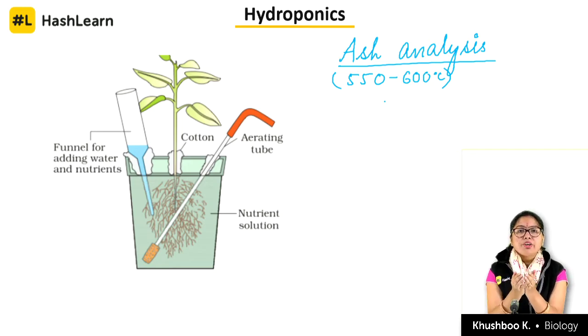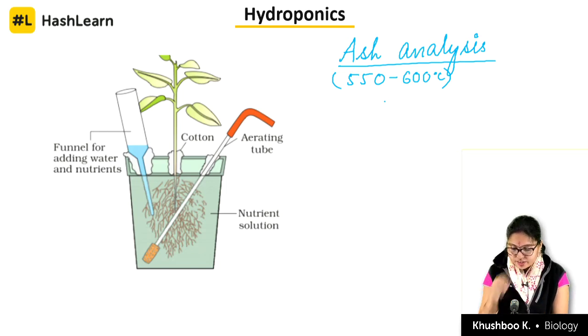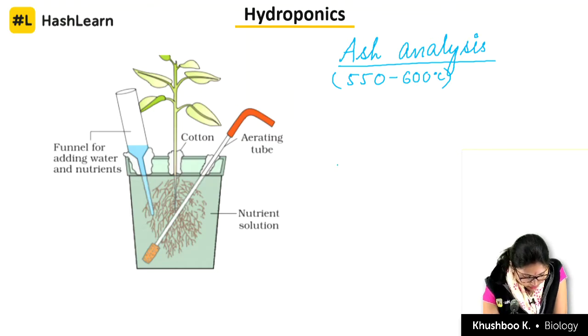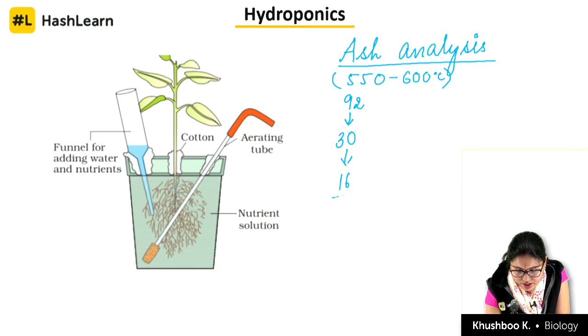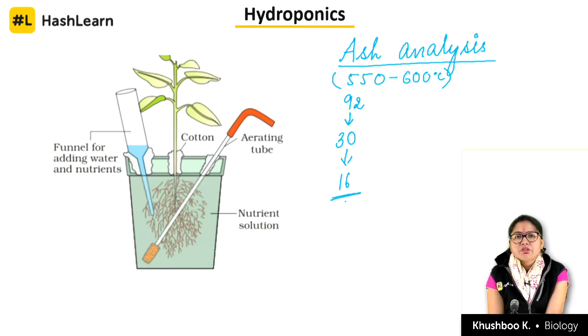So that plant component which is there also gets reduced to ash, and that gives us the dry weight for the minerals, and then we check for the presence of particular minerals in that ash, and it is found that there are around 92 mineral elements, out of which 30 elements are present in each and every plant, and out of these 30 again some 16 are the essential elements, and now it is not 16 but 17, okay, because nickel is also added.